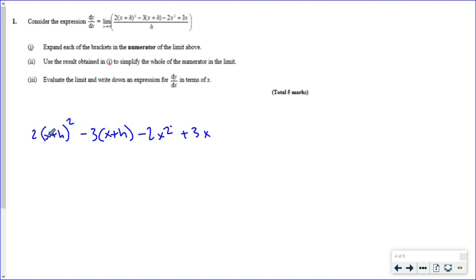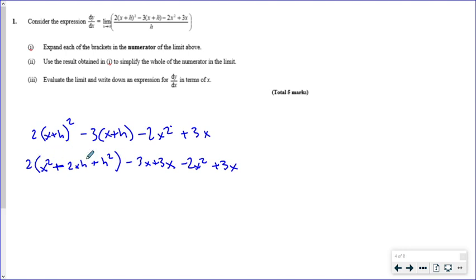So here, (x plus h) squared is x times x is x squared, x times h is xh, so 2x squared plus 2xh plus h squared, and then minus 3x plus 3h minus 2x squared plus 3x.